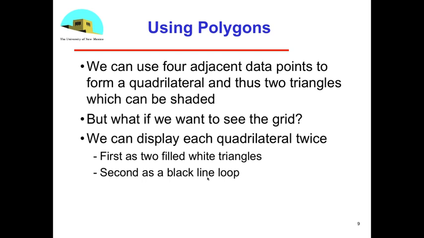Everything I don't want to see is going to be blocked by the filled polygons, and then on top of them, because I render it second, at least in principle, it's going to color the edges over the white with the black that I want for the line loop. Okay, well, let's see what happens.